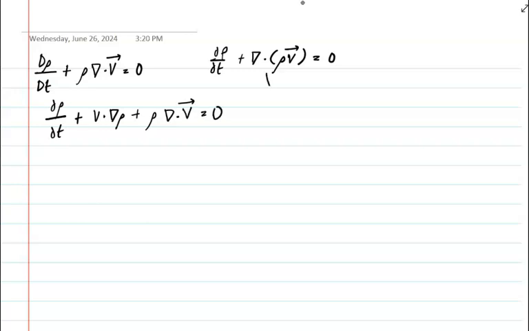But if we look towards the vector identity, the divergence of a scalar multiplied by a vector is equal to rho div v plus v dot grad rho. So they're equivalent.